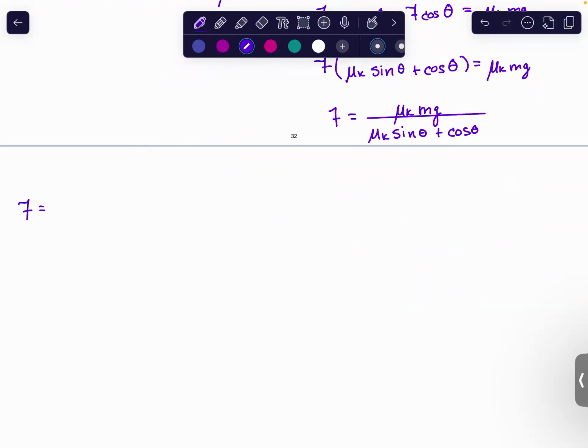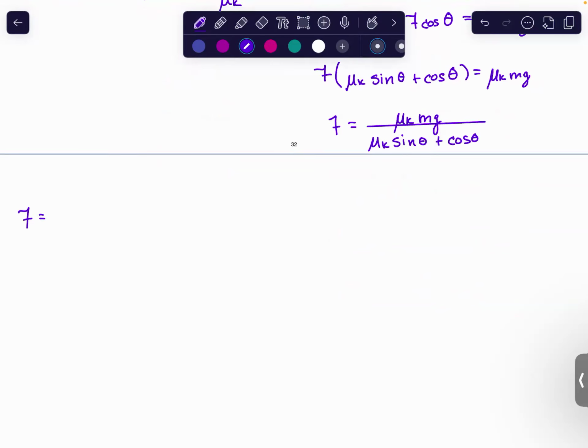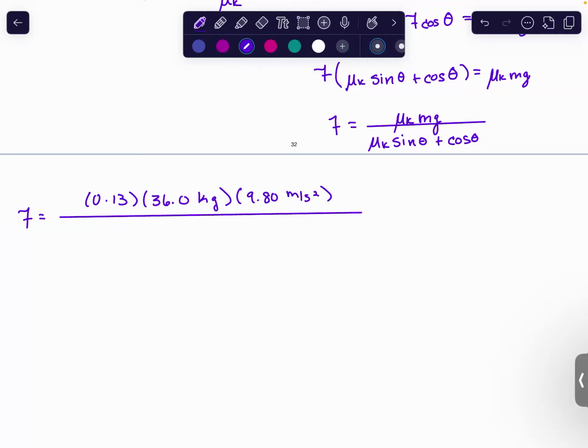So what are we going to have? Well, we look at the problem, we see that the coefficient of kinetic friction is 0.13, the mass, kilograms, gravity, over 0.13, 40 degrees.